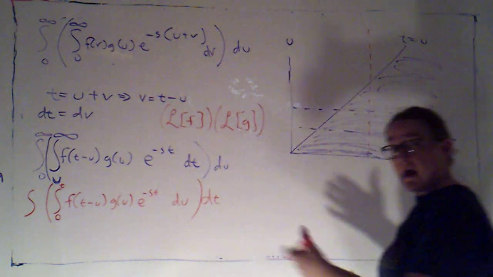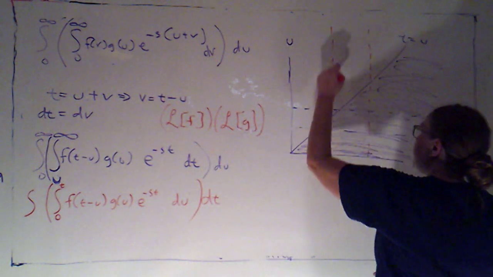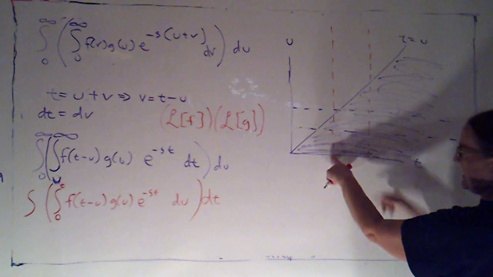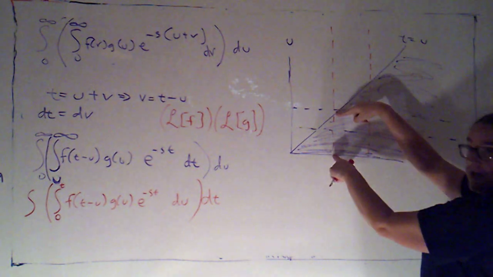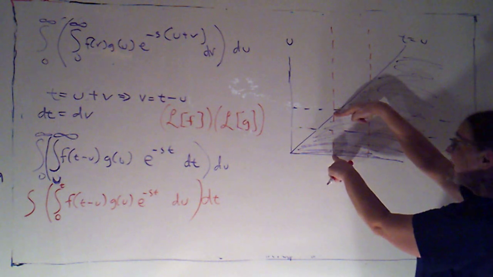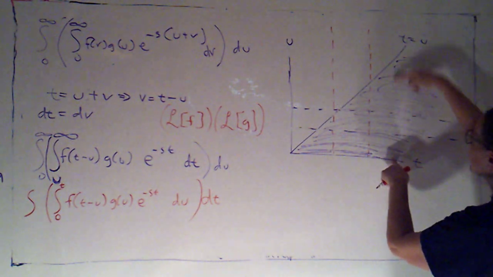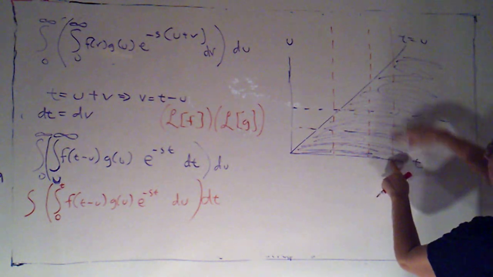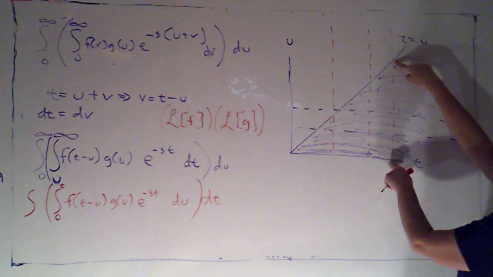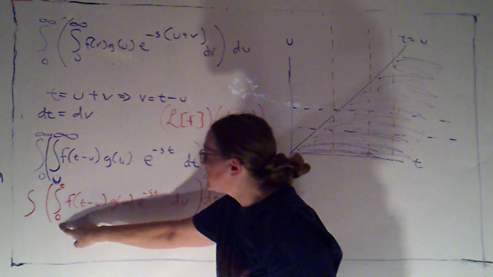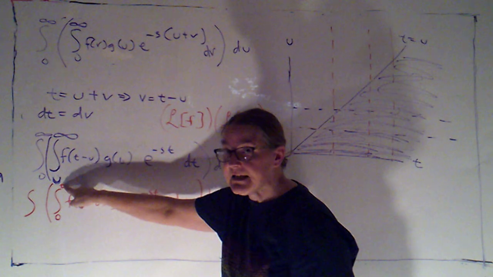Let's just make sure that works at other places. If I have a different t value, I'm in this region between here and here. This is a u value of 0. The u value on this line is t. So for each value of t that I have, u is varying from 0 to the u value on this line, which is t. So u is just going to go from 0 to t.